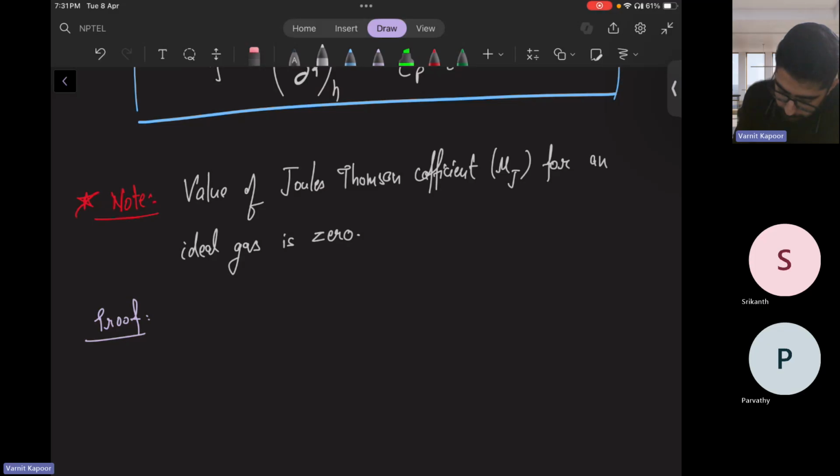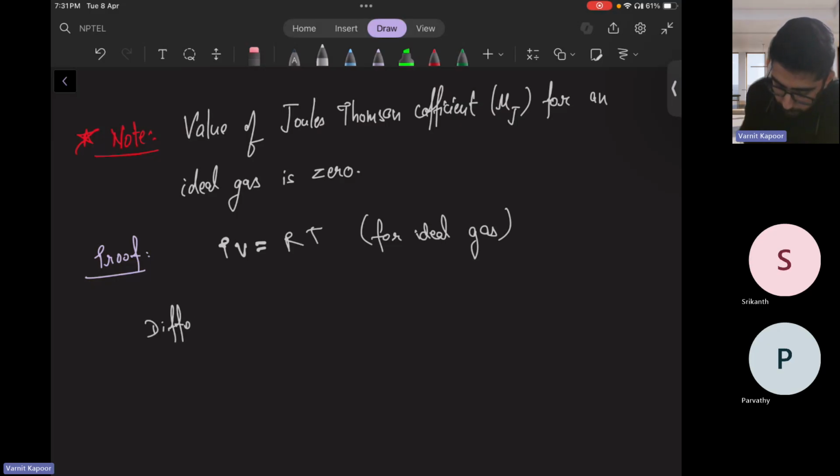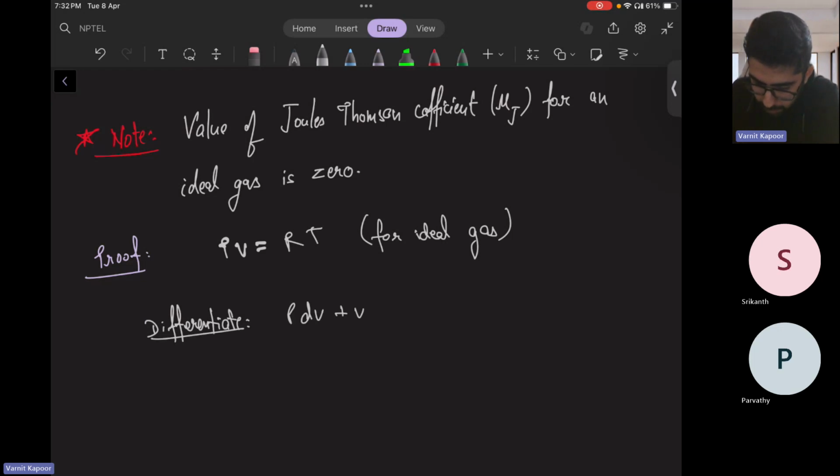So since PV is equal to RT for an ideal gas, you differentiate it. So this will be PdV plus VdP is equal to RdT plus TdR.